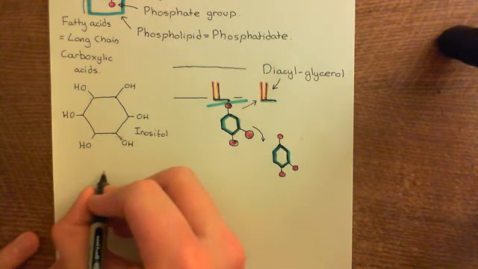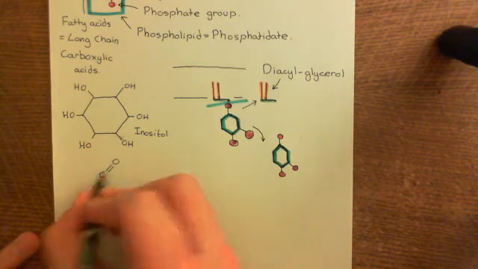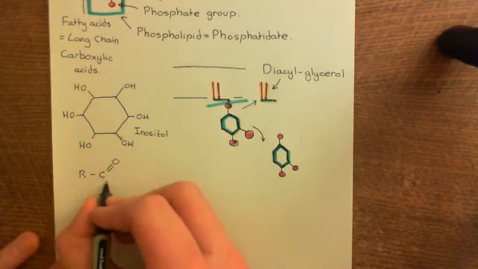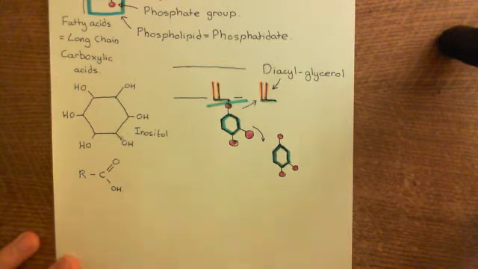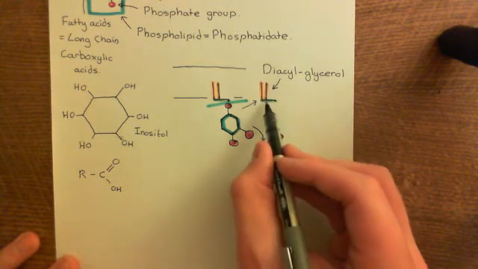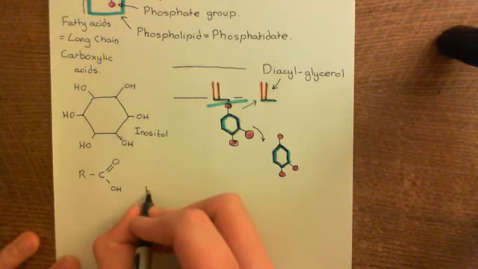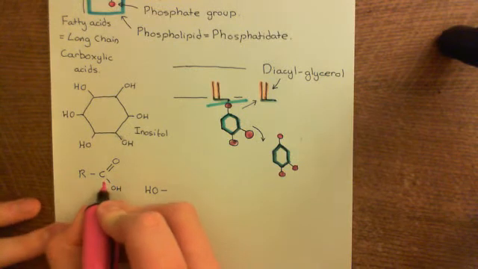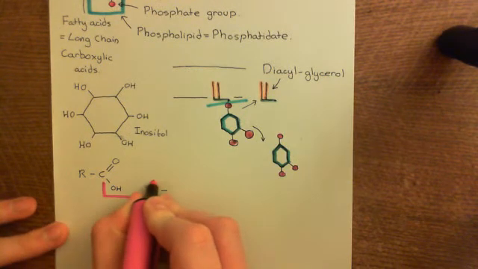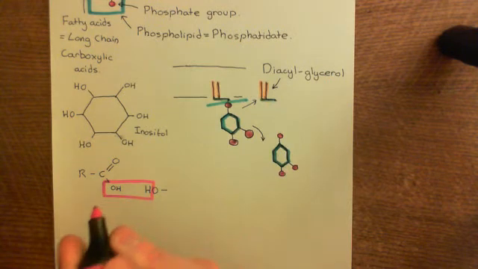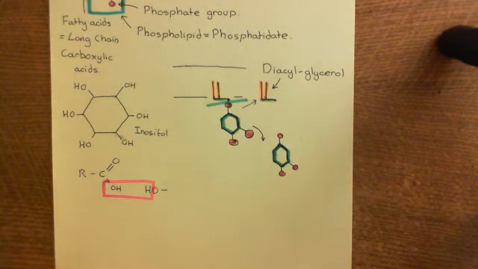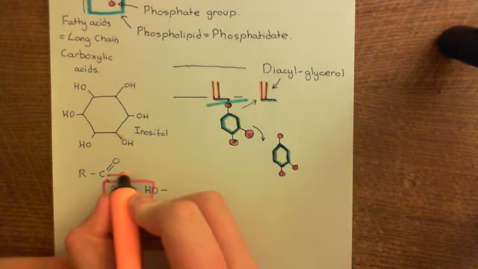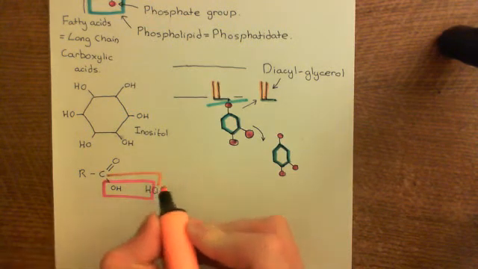So basically, if you have a carboxylic acid here, then what we're going to do is link it to an alcohol group on the glycerol molecule via an esterification reaction. When you link a carboxylic acid to an alcohol group via an esterification reaction, you take off the hydroxyl group from the carboxylic acid group, you take off a hydrogen from the alcohol group, and you then link the carbon of the carboxylic acid group to the oxygen of the alcohol group.